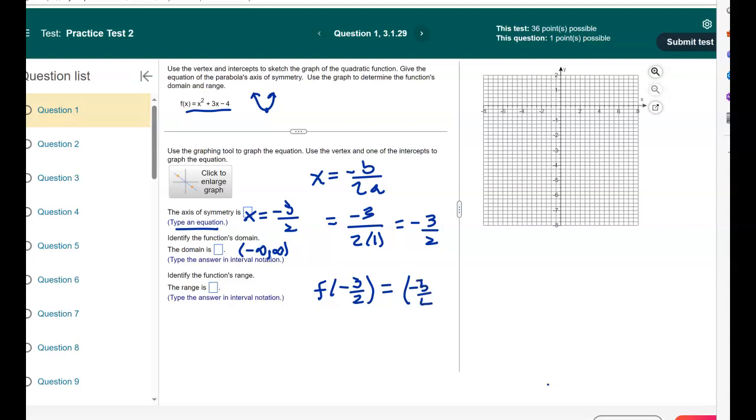So you have negative 3 over 2, and then you square it, plus, now we replace all x by negative 3 over 2, 3 times negative 3 over 2, and then minus 4. And this you can input to your calculator.